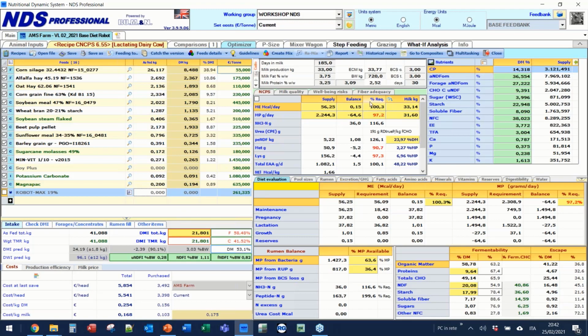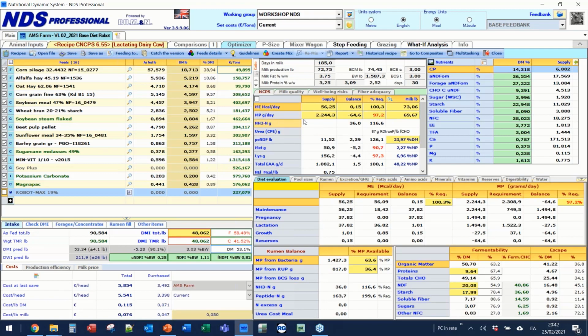We are around 100% of the requirements. The average of the group is 72, 73 pounds, and we have 100% of the energy. We are a little short in protein, but I want to monitor.